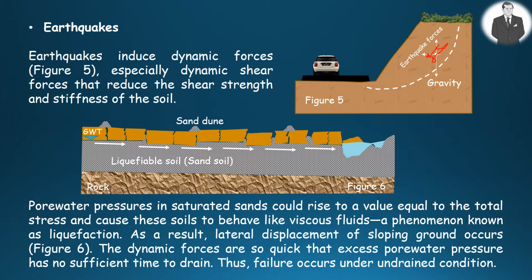Consequently, lateral displacement of sloping ground happens as illustrated in figure 6. The dynamic forces are so quick that excess pore water pressure has not enough time to dissipate. Thus, failure takes place under undrained condition.